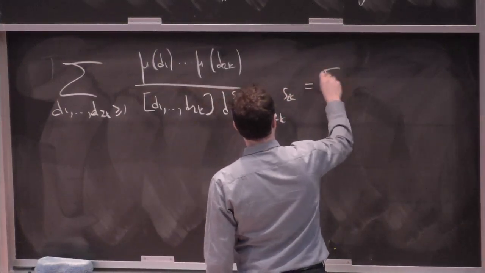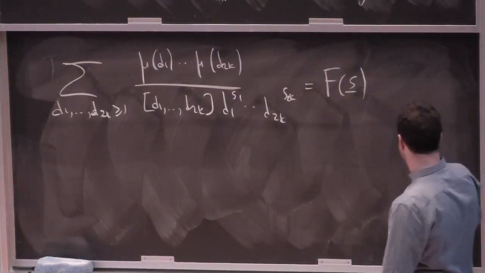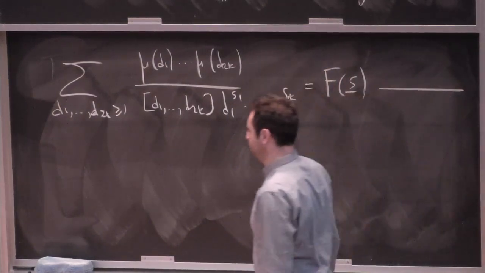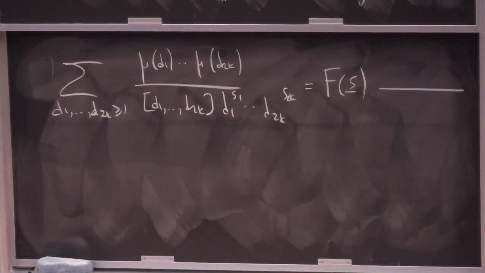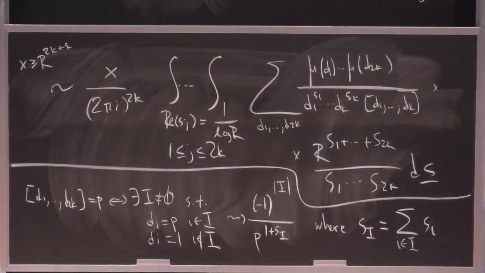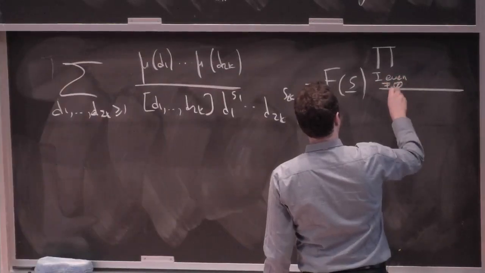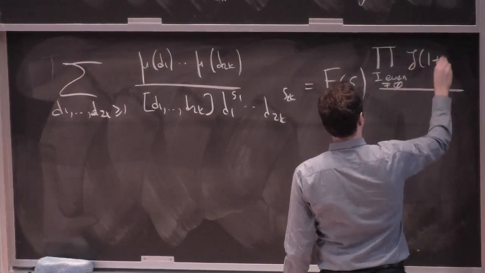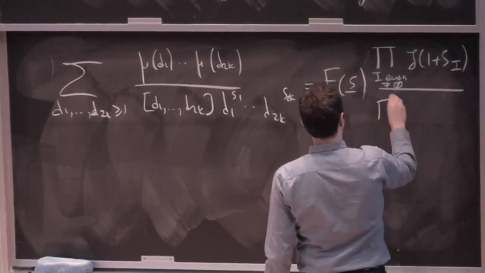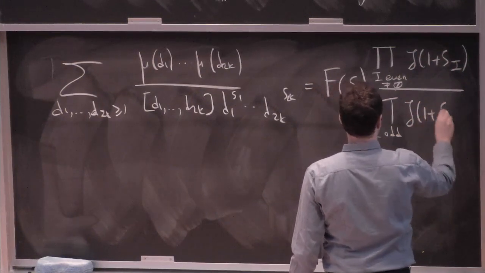Then I can write it as some benign function f times the quotient of zetas. So whenever I has even cardinality, I get a plus, so I get a zeta in the numerator. And whenever I is odd, I get a zeta in the denominator.